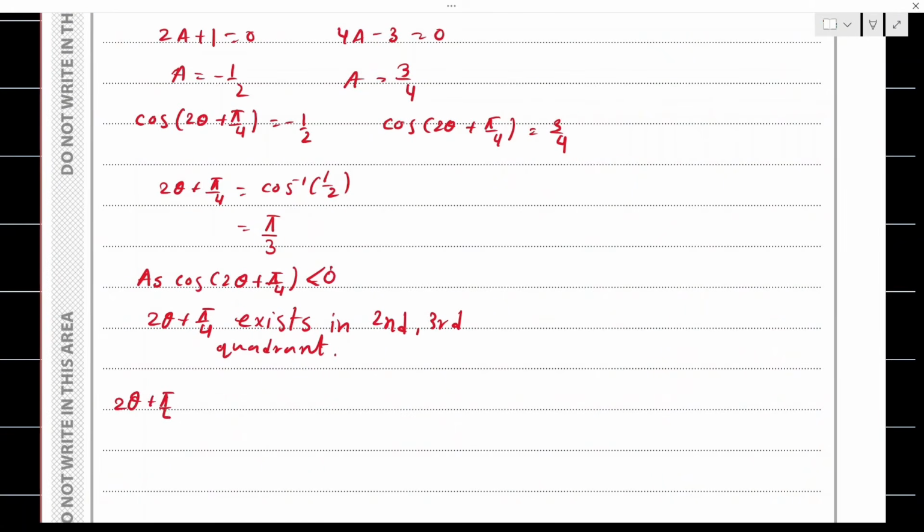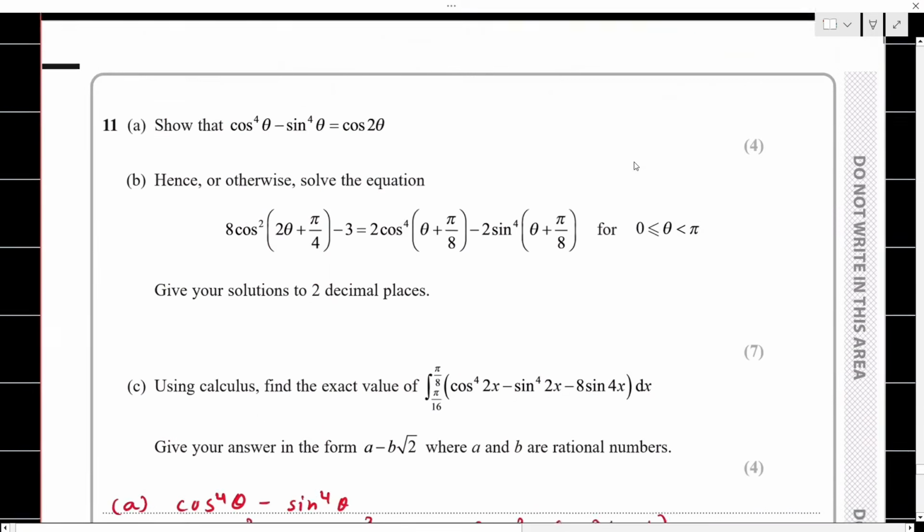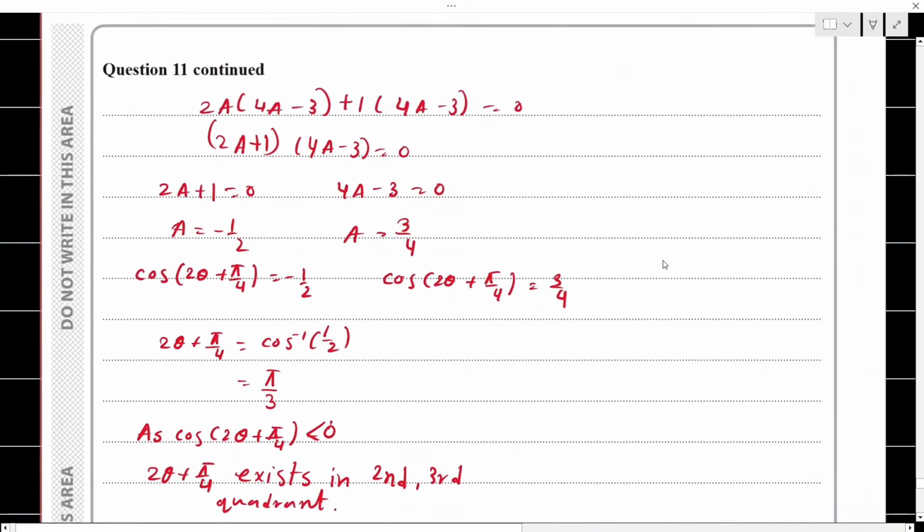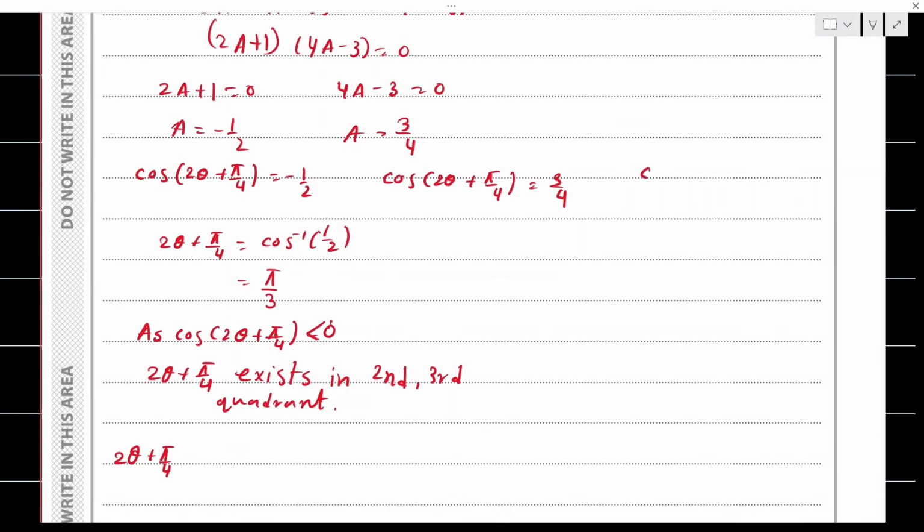So now I have to find the values of 2 theta plus pi by 4 in the range given in our question. We can see that the range given is theta is greater than 0 but less than pi. The range given is for theta, but we need to find the range for 2 theta plus pi by 4. So in order to adjust this, I can multiply every part of our range by 2.